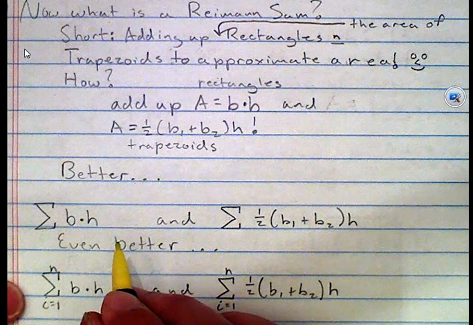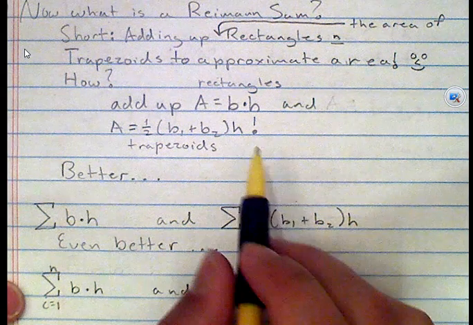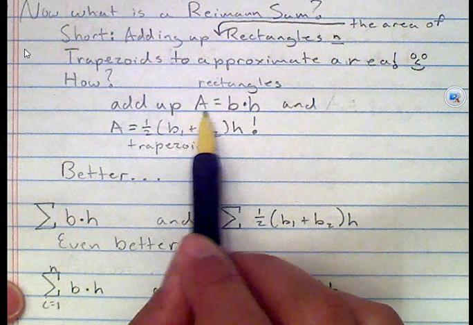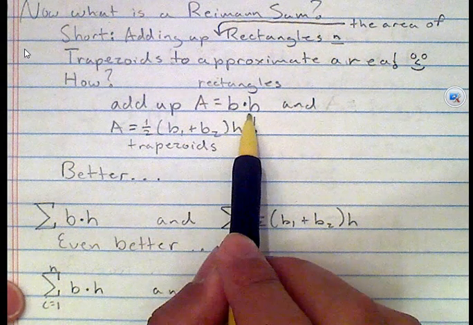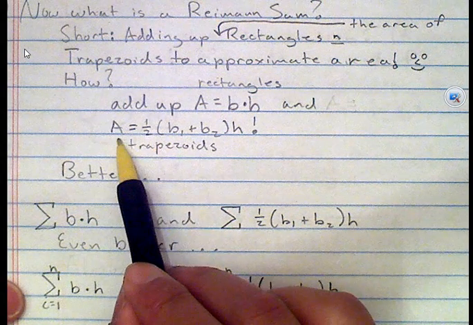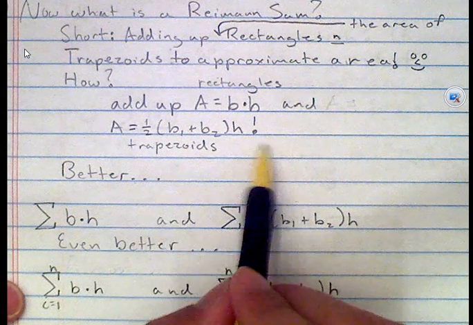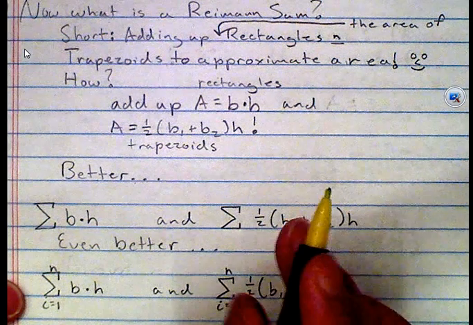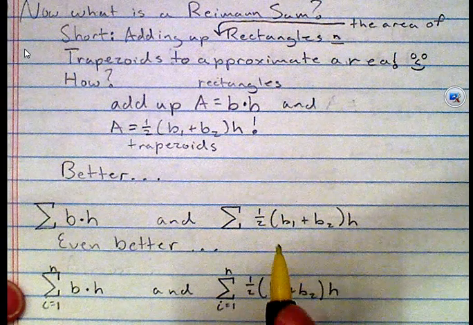Okay, and how would I add up the area of rectangles? Well, that's a silly question. We add up all the areas we get from base times height. Or in the trapezoid case, we add up all the areas we get from 1/2 base 1 plus base 2 times height, the trapezoids.